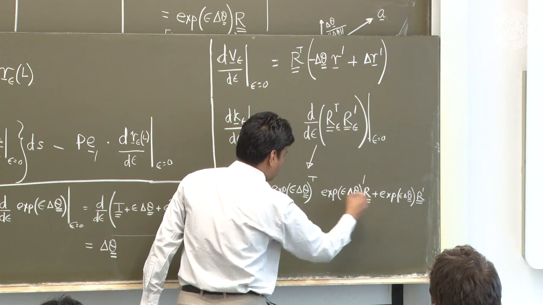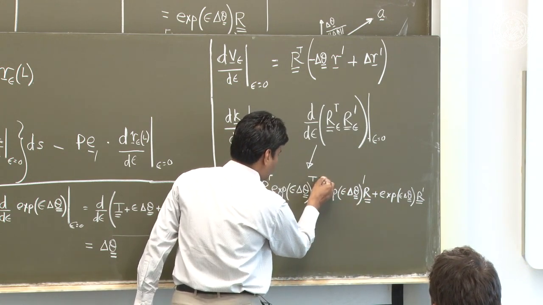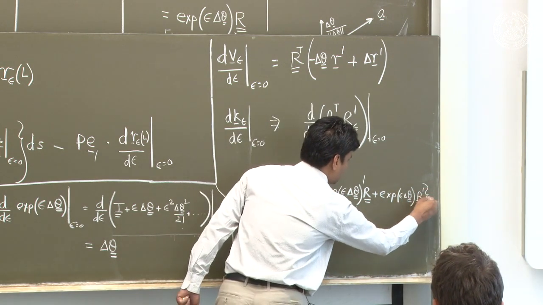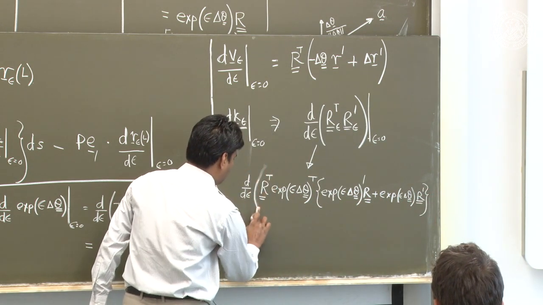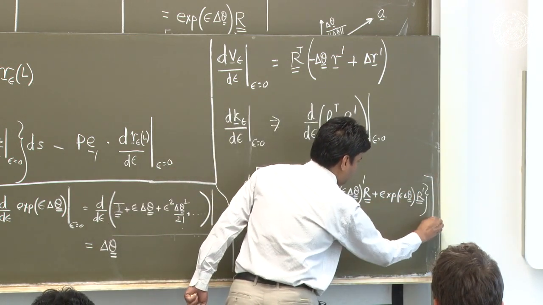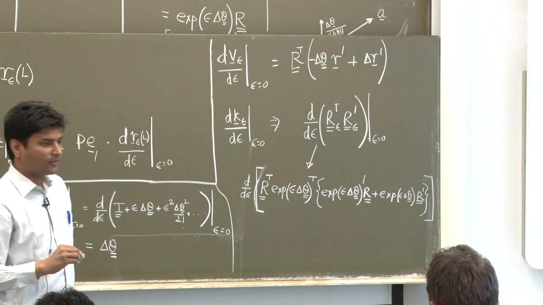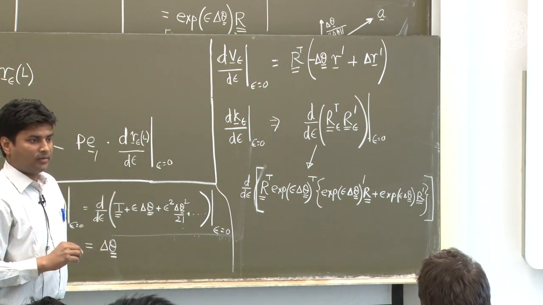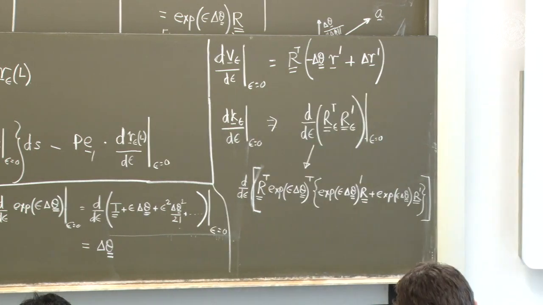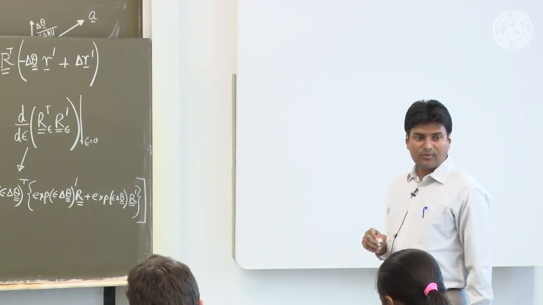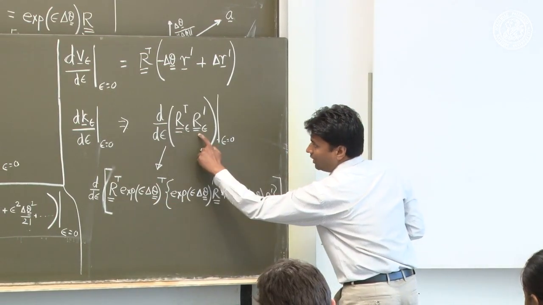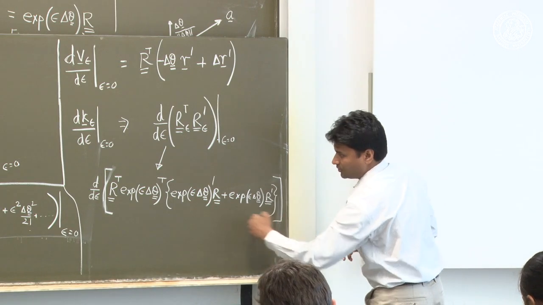So of course these come together, so I could use curly braces, and here it becomes the big bracket. So I just wrote down this R epsilon transpose over here and R epsilon prime over here.